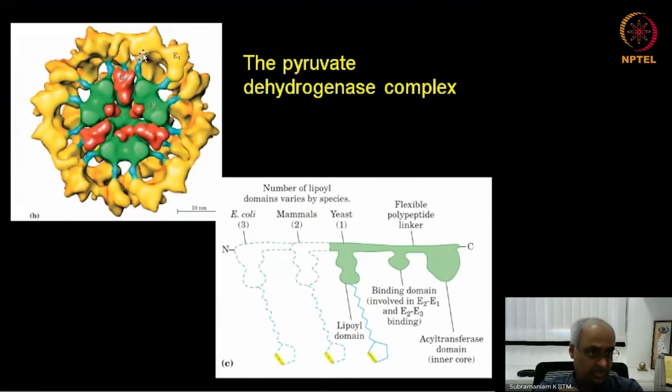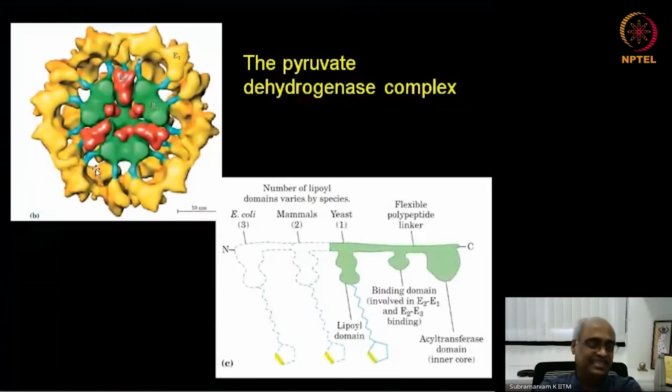But for now, we'll look at the enzyme structure. So this enzyme has 60 polypeptides of the second enzyme, labeled E2 here, arranged in this fashion. This is supposed to be a pentagonal arrangement of a dodecahedron. I don't even know how to imagine that structure.